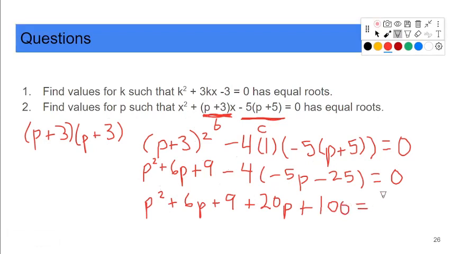And that's all equal to 0. As somebody correctly told me, who was it that told me that? I don't know people's names, I'm sorry. If you want to give your name. So we have p squared plus 26p plus 109, because we add the 109 from over here, equals 0.